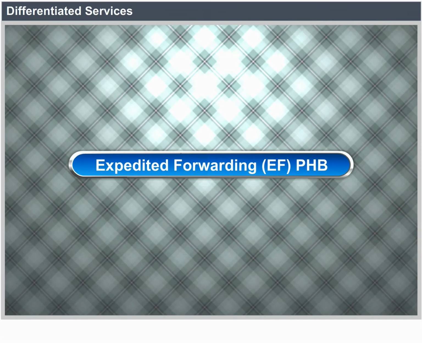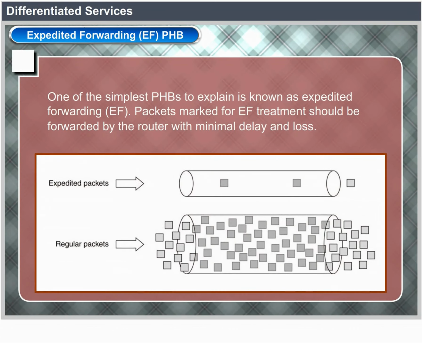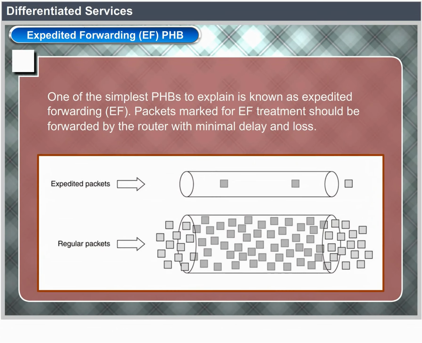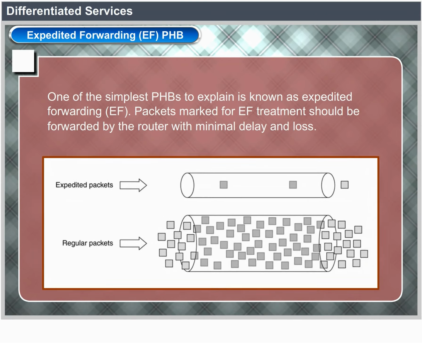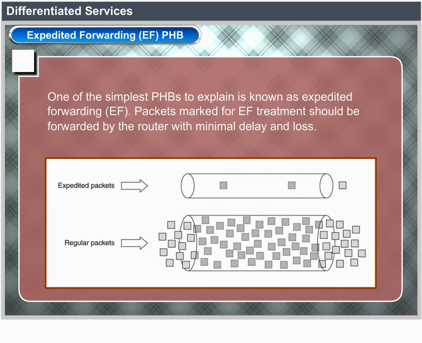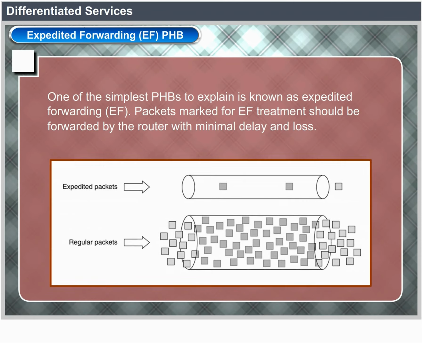Expedited Forwarding, EF PHB. One of the simplest PHBs to explain is known as Expedited Forwarding, EF. Packets marked for EF treatment should be forwarded by the router with minimum delay and loss.